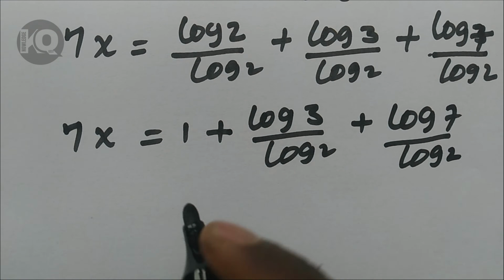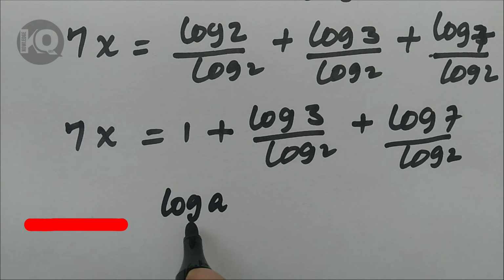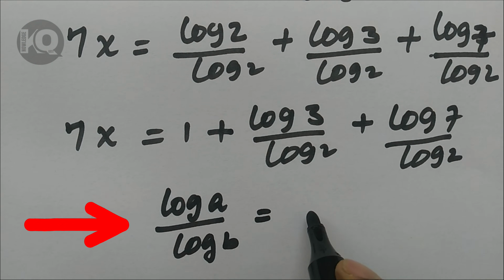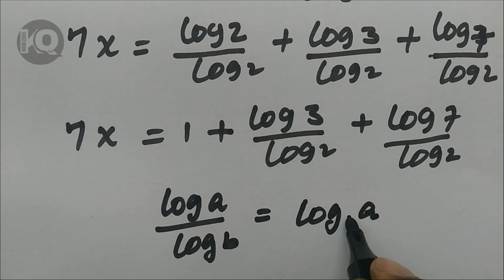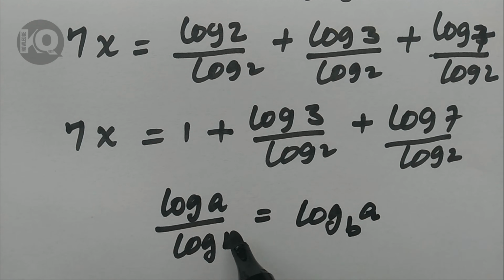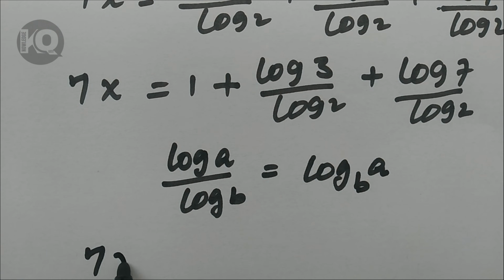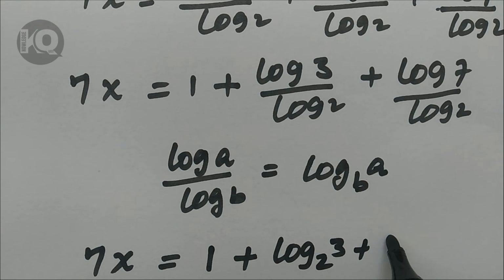So we know that log of A divided by log of B is equal to log of A to the base B. Let's apply this rule to these terms, and finally 7x is equal to 1 plus log of 3 to the base 2 plus log of 7 to the base 2.